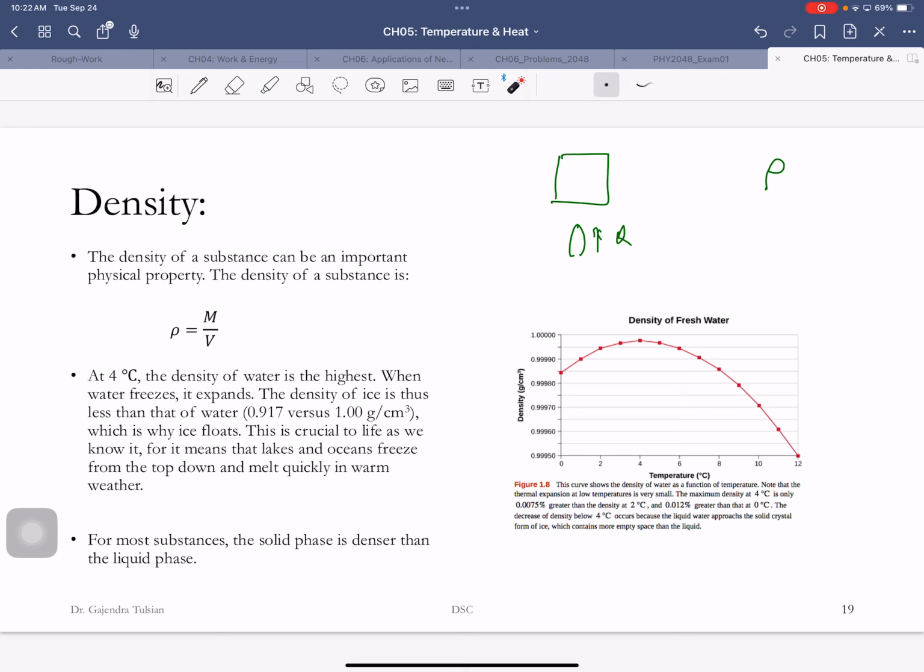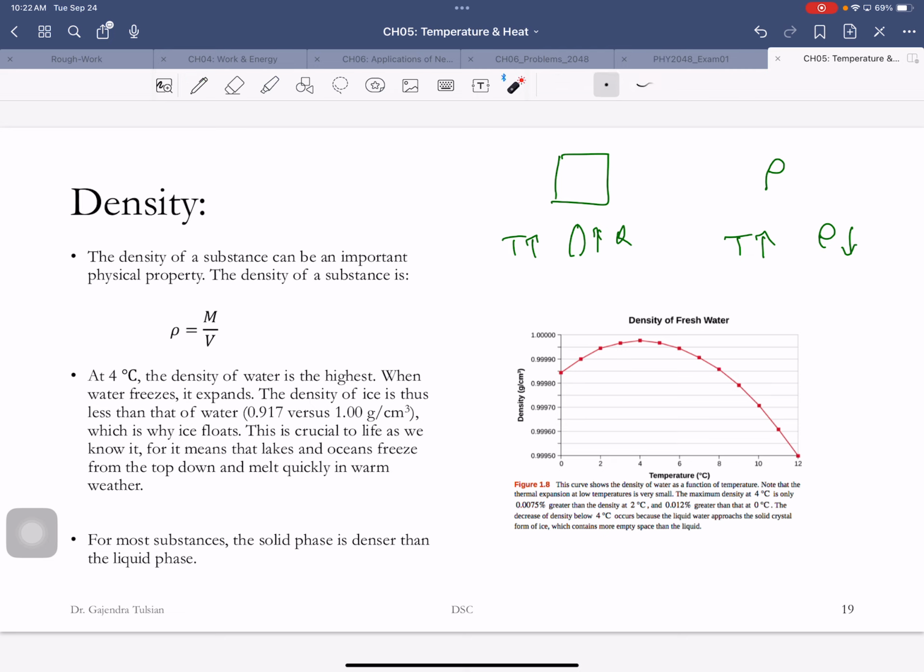If I raise the temperature of the object, what will happen to the volume? It expands, right? Everything expands. So if the volume increases, the density decreases. That's what happens for most materials.